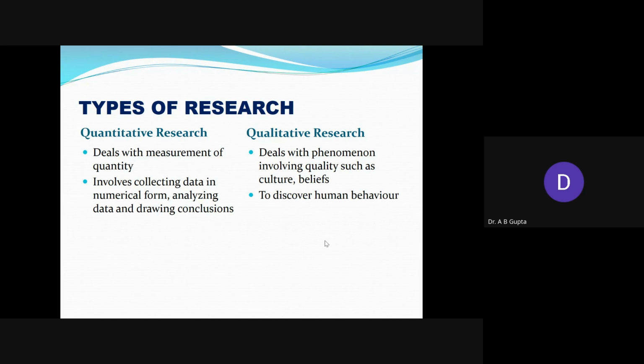But only collecting data, again, as I told you, is not research. You have to collect the data, analyze it, and then based on that, make a certain conclusion. Then it is quantitative research. For example, you want to know the performance of first year students in various technical institutions in a particular state or district.